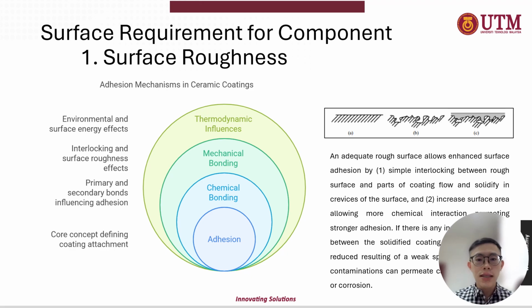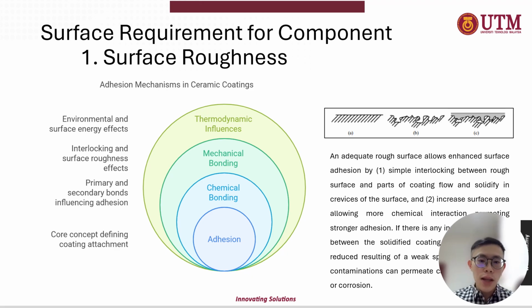If we see here the adhesion mechanism of a ceramic coating, a good adhesion requires chemical bonding, mechanical bonding, and also thermodynamic influences. For thermodynamic influences, we are looking at the environmental and surface energy effects. Mechanical bonding, as discussed in detail earlier, is the interlocking and the surface roughness effect.